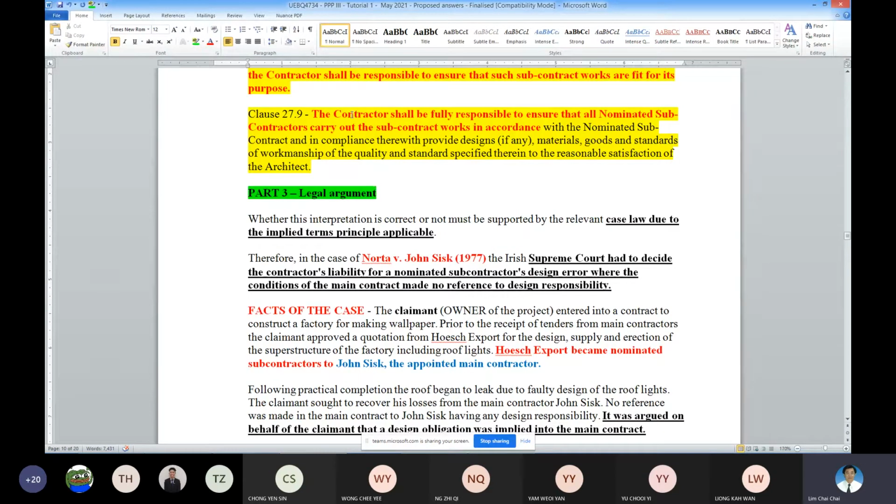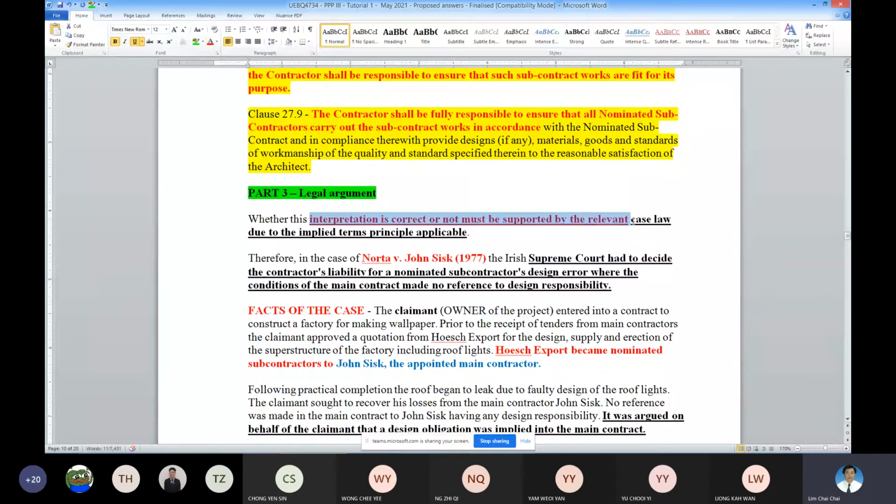Okay. So same case here, the judge also has to look into the correct interpretation under the contract, or whether it's right or wrong must be looked into under the case law. Okay. So you have to look at the case law to see whether the above argument is correct or not.